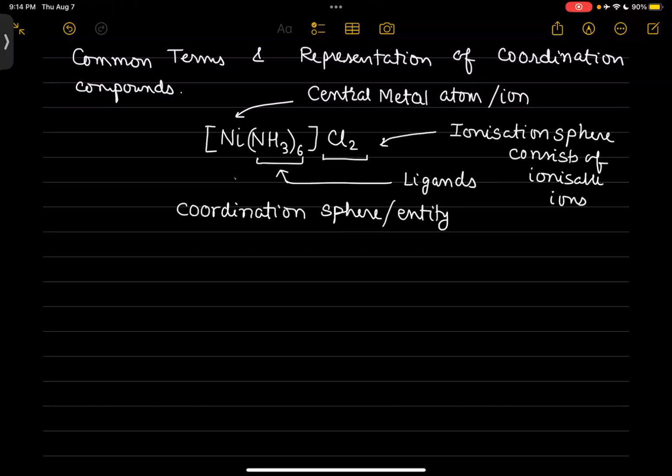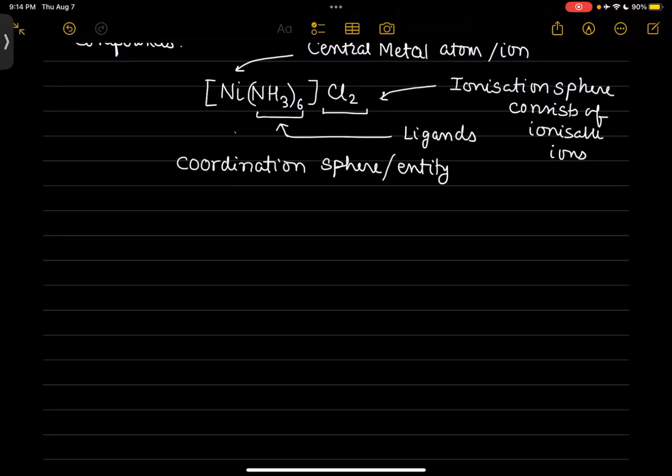Let me explain some more details about the central metal atom or ion.